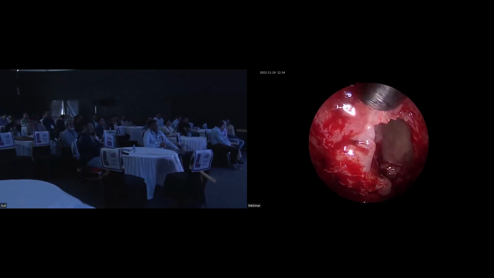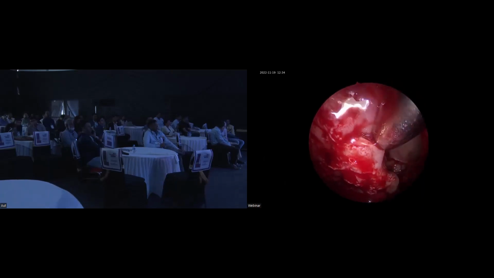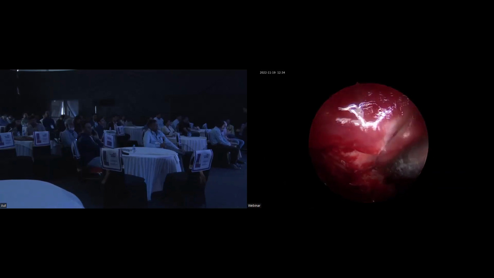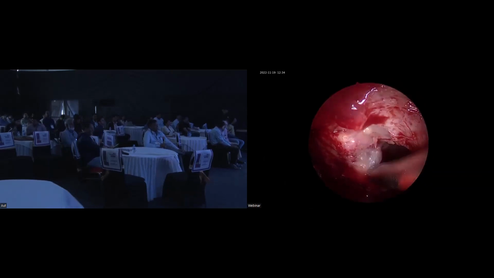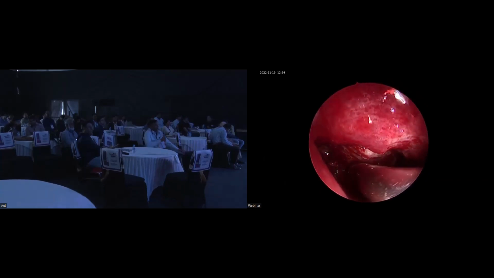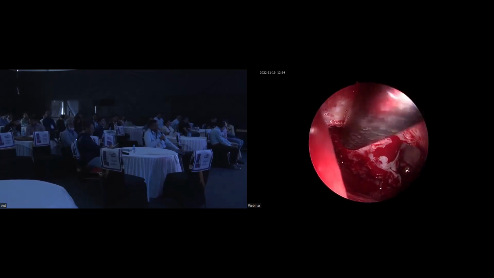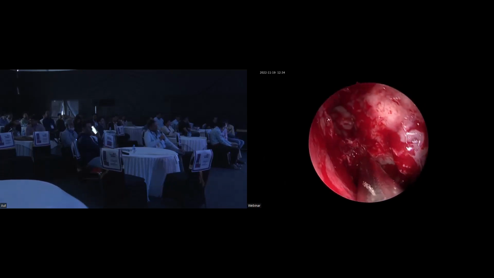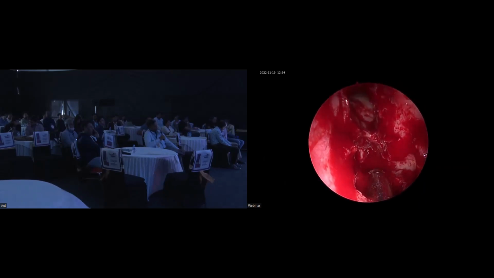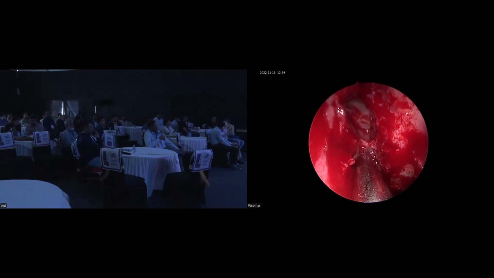Usually post-operatively, what you need is just a 3 millimeter opening for draining of the maxillary sinus. So I don't like to widen the maxilla all around because we don't have much disease in or around or beyond the maxillary sinus. There is no need for a very wide opening.